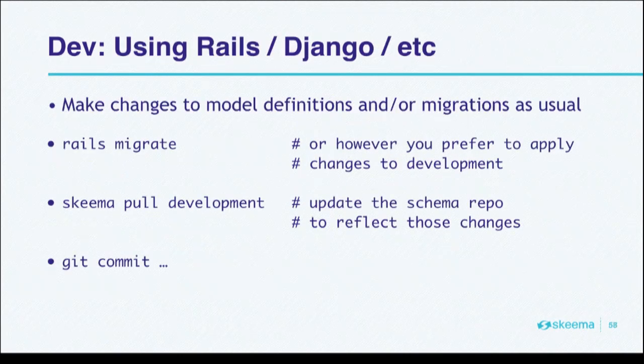Now, if you're using Rails or Django or some other opinionated system that has its own notion of migrations, you can still use that in this model. The idea is that you use the migration system of your MVC framework in development, and then you can use Schema to actually push the production changes converted to basically be online schema changes.